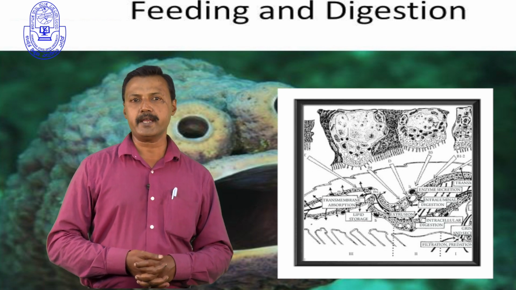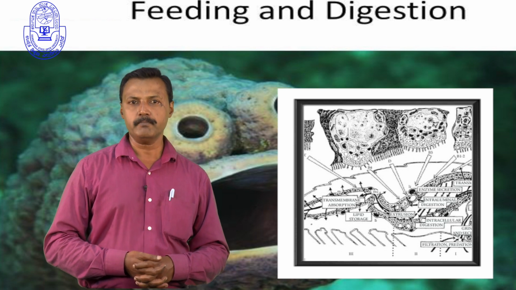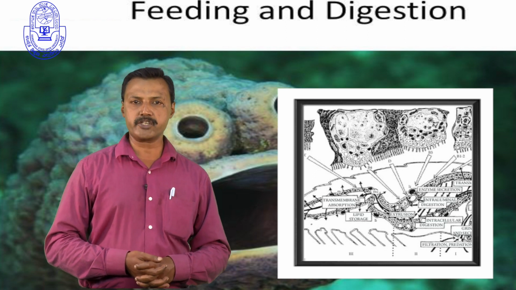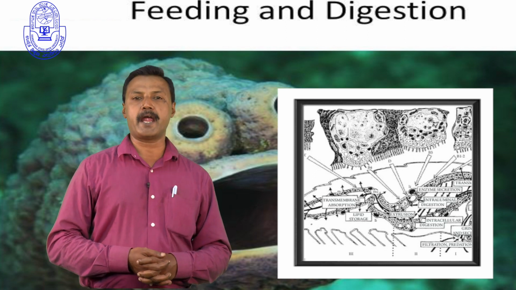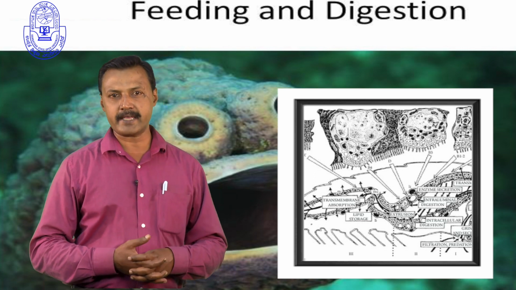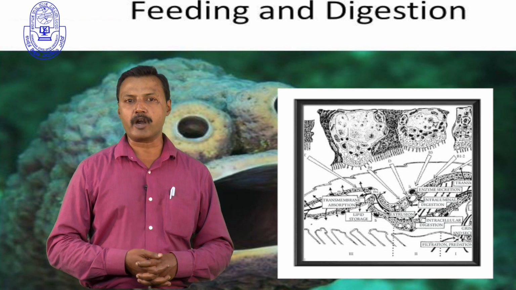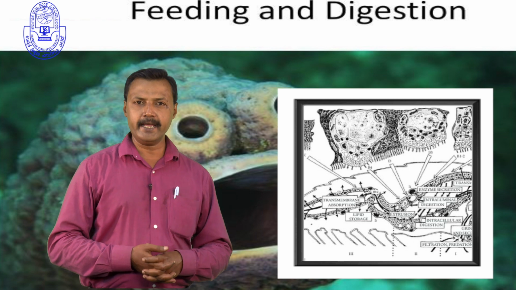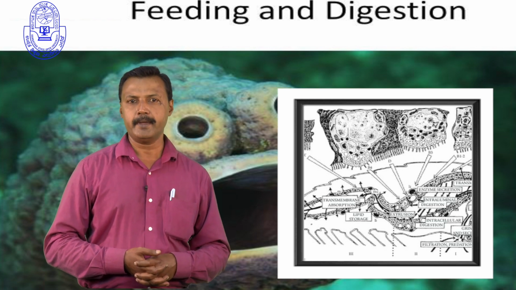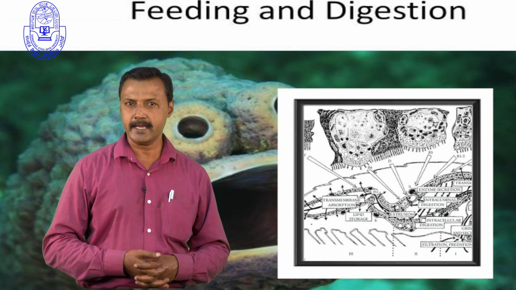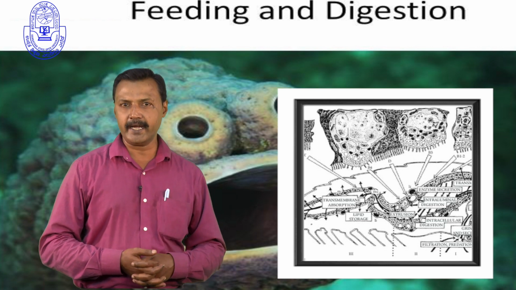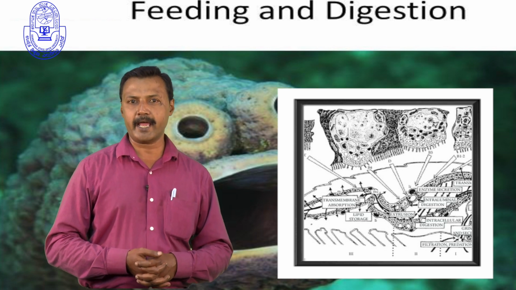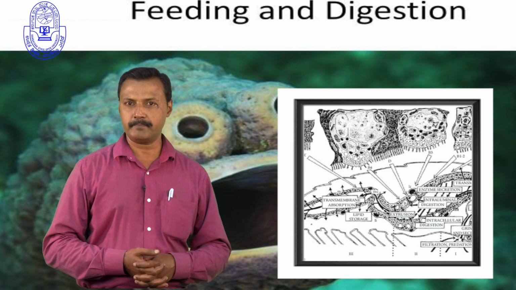In the stomach, the large molecules are broken down and completely digested by the enzymes secreted from the stomach, and within the intestine the amino acids as well as the carbohydrates are absorbed as nutrition for this organism. The undigested particles are passed into the rectum and eliminated by the anus. So, this is how feeding and digestion occur in polychaetes, and we can see a complete type of digestive system in this phylum.